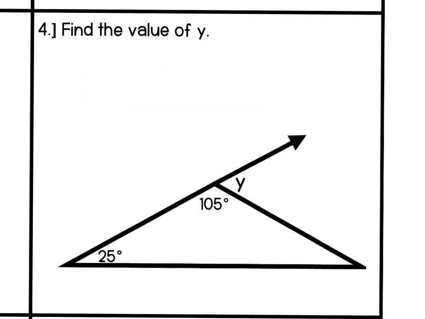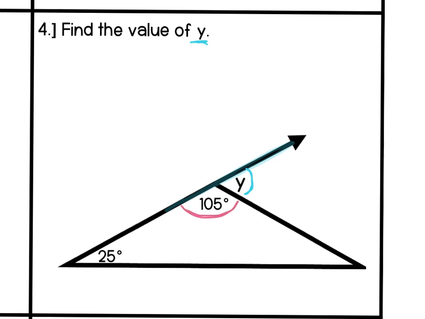Okay, so for my next example, I'm going to find the value of Y. And actually, if you look at this one, it is an exterior angle, but remember what I said in the beginning about the exterior angle and the adjacent interior angle?